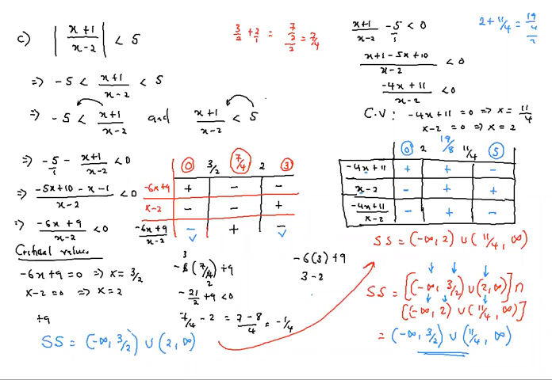Sorry, I didn't get you clearly. What's the reason again for getting the intersection and the other one getting the union? For the intersection, we want both intervals, so whatever satisfies this interval must also satisfy this interval.